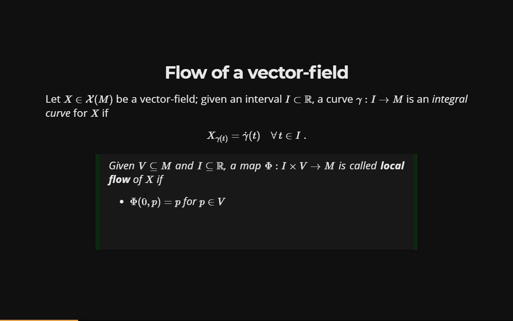So if at time 0, every point goes to itself, and if you fix the point and you follow the point through time, obviously you get a curve because you are fixing the point P, so you are varying only the variable t in the interval. So if you do that, you obtain an integral curve for X for all P.